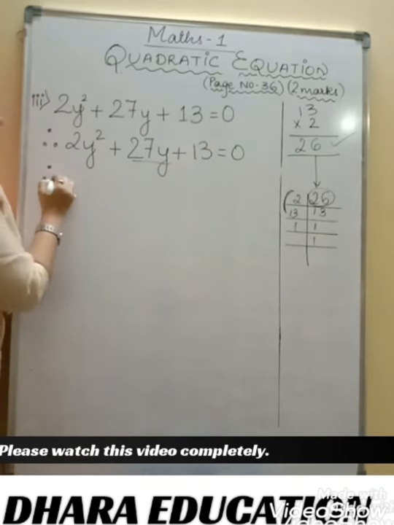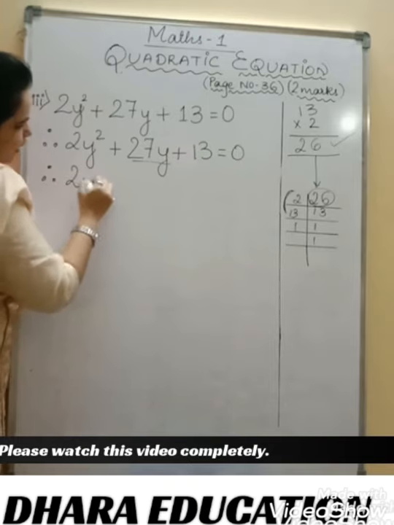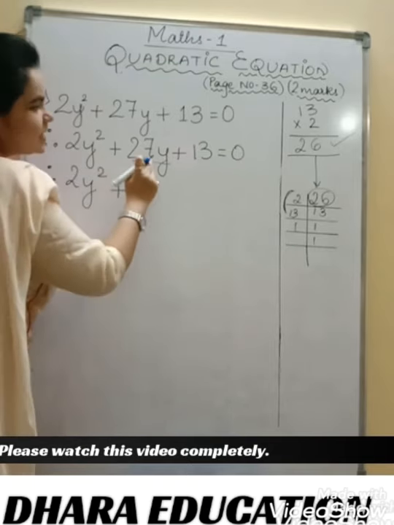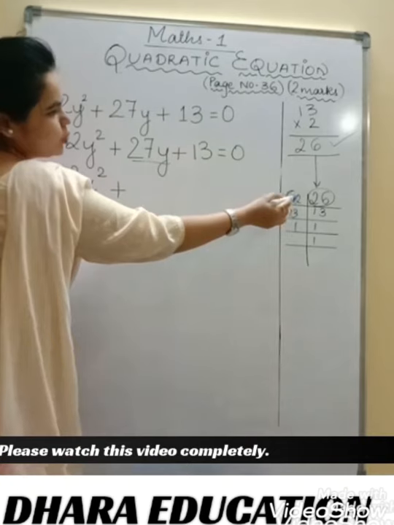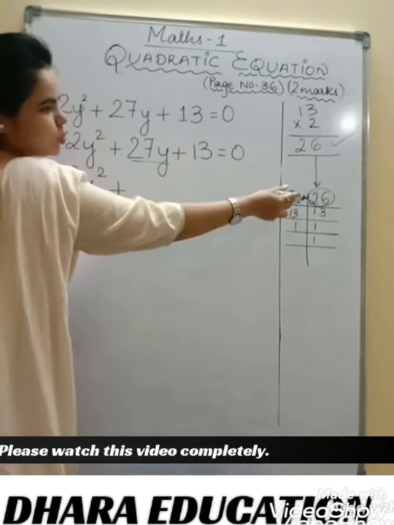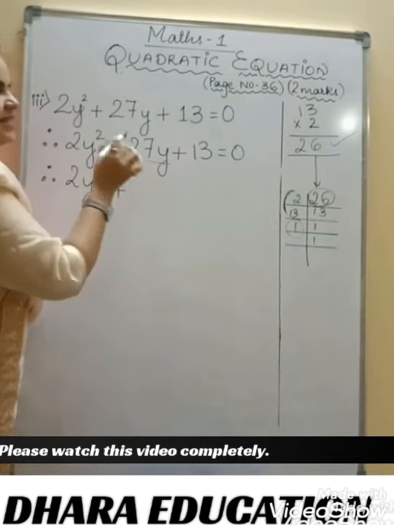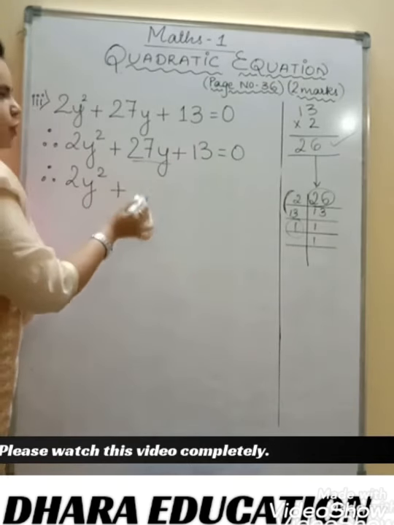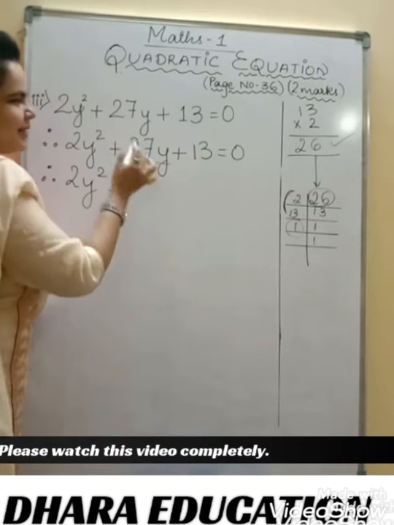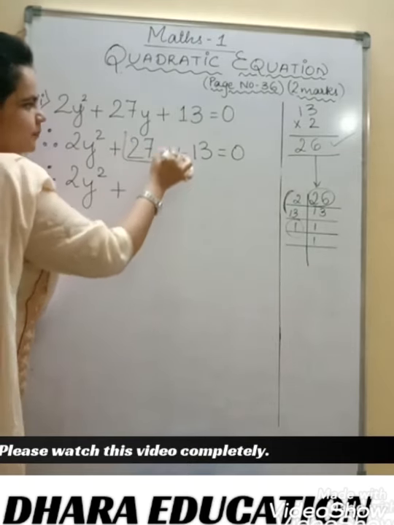So exactly students, we have to take 2y square plus, splitting this, 26 plus 1, you will get 27y. So we are splitting this 27y, the middle term.